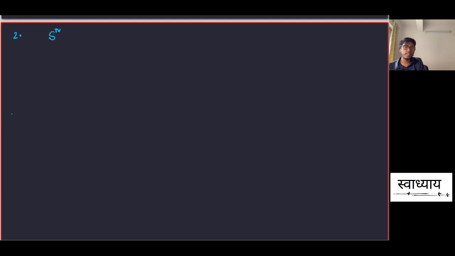So I'll consider Sn, and I'll just take antipodal points. That means x and minus x are related. So x is related to y if and only if y equals minus x.